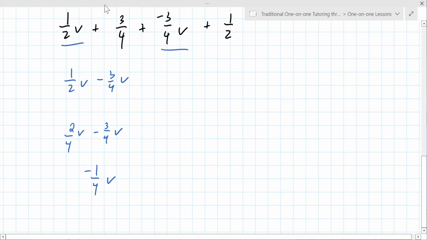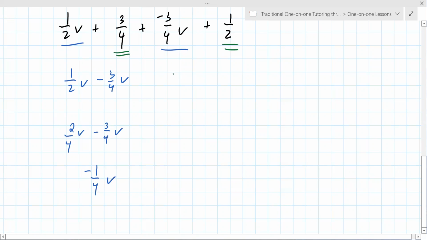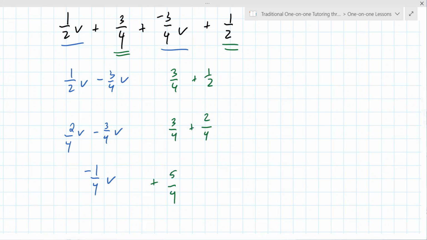And then you do the same thing for the 3/4 and the 1/2 there. 3/4 plus 1/2, so you make a common denominator of 4. So that becomes 2/4. So your answer is 5/4 when you're all done. All right, so that's that.